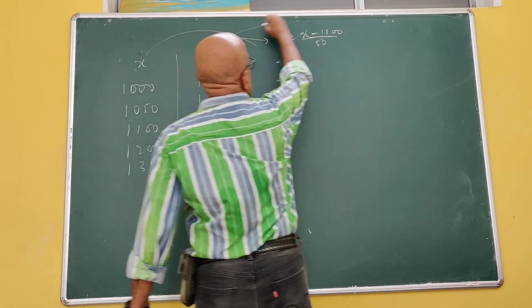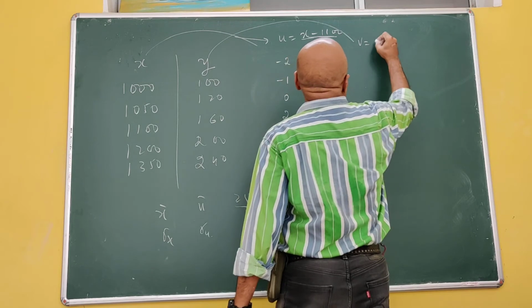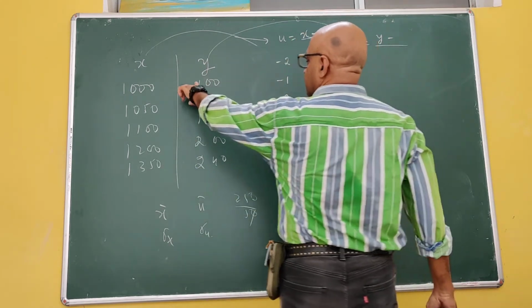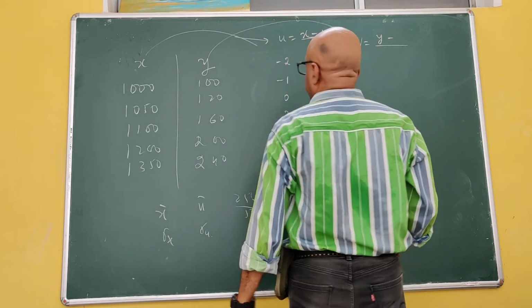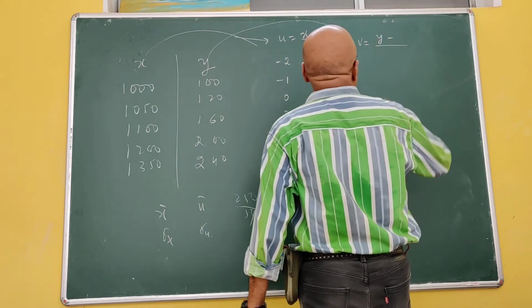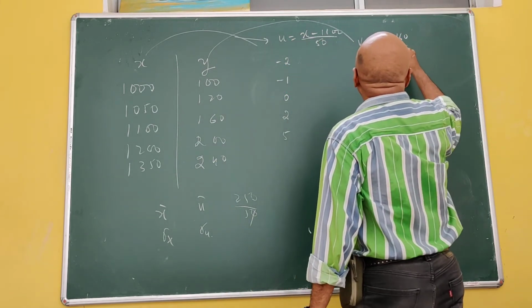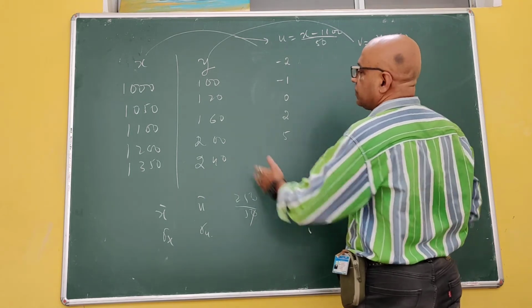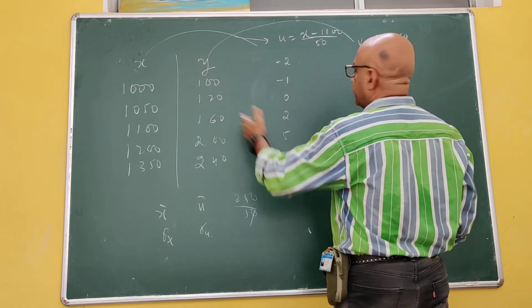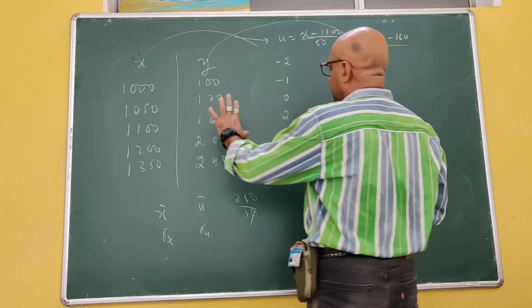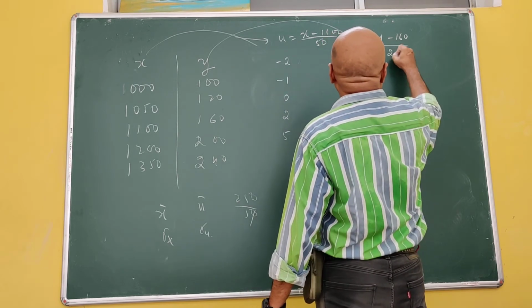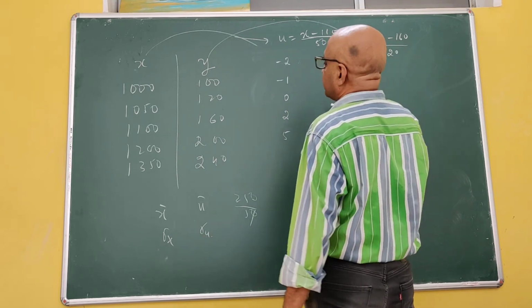And y, if I write it as v is equal to, say, y minus something, because values of y are large and go from 100 to 240, maybe I take something like 160 to subtract. It doesn't have to be 160, you could subtract 120 or 150 and so on, but somewhere in the middle, and divide by 20, so that you don't get fractions.